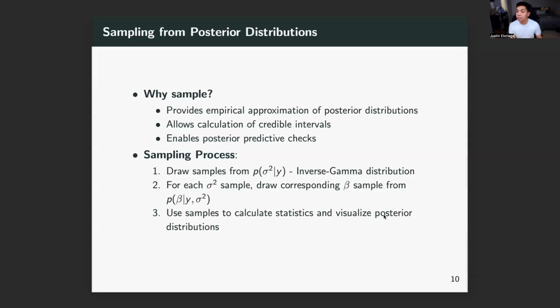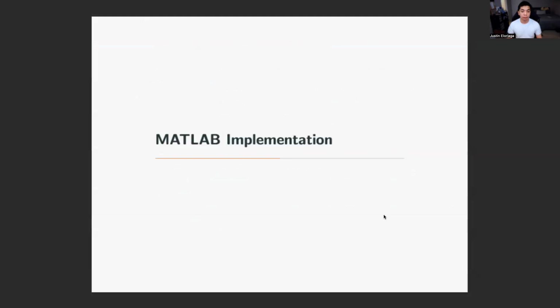This is exactly the same procedure as we did in the past, wherein we sampled from the marginal and then sampled from the conditional to derive the joint. And we're going to use these samples to calculate statistics and visualize the resulting posterior distribution.